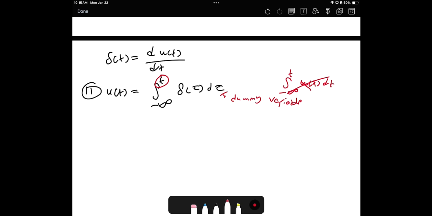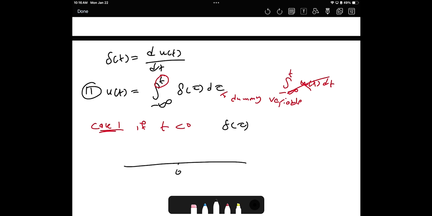So let's discuss case 1. If t is less than 0. Here we are doing the integral of delta tau. Here is tau, here is 0, so this is delta tau.